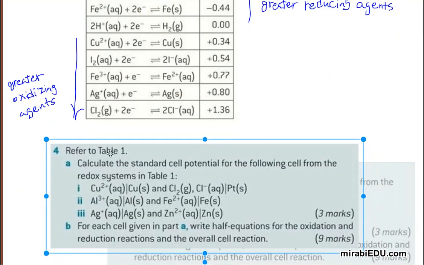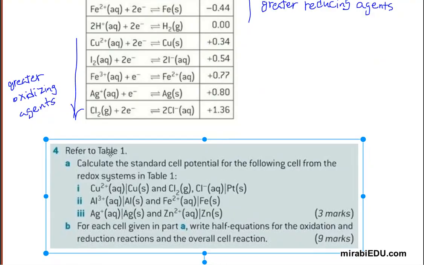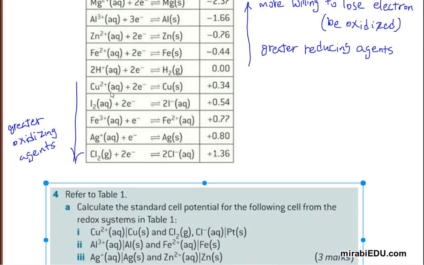Here is the question. It says, refer to table 1, which is the same table. Calculate the standard cell potential for the following cell from the redox reaction in table 1. Here we have copper, and here we have chlorine. Where is copper? Copper is here, and chlorine is here.